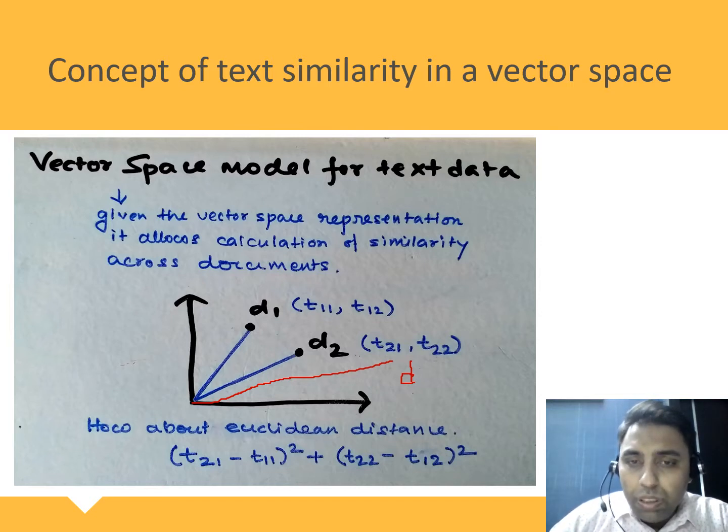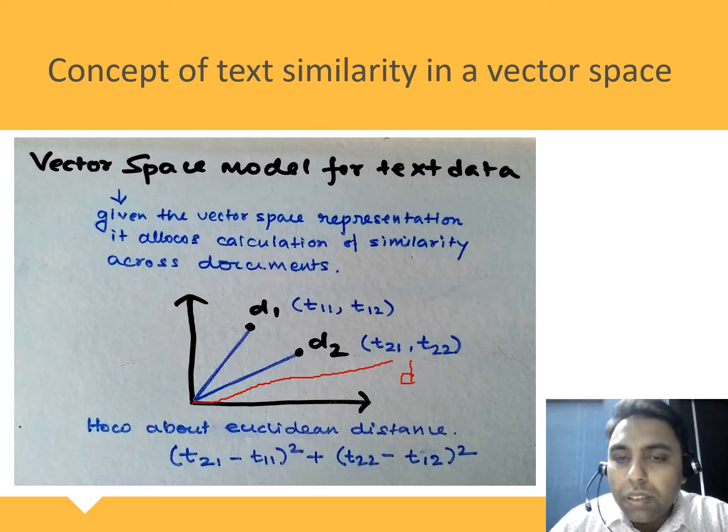Even though between D and D2, I haven't made a lot of semantic change, in the sense that I haven't changed the context of what is being mentioned in the document, or added new words or new sentences. All that I have done is, if one particular word was present twice in the document D2, I'm repeating the same word two more times. So I'm making its word frequency 4.